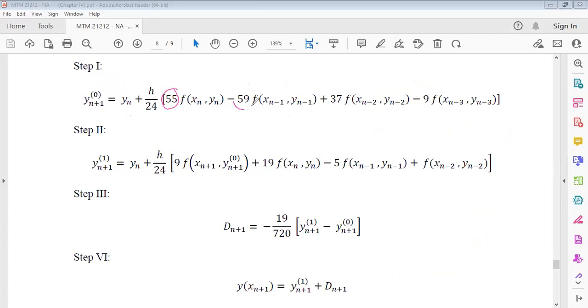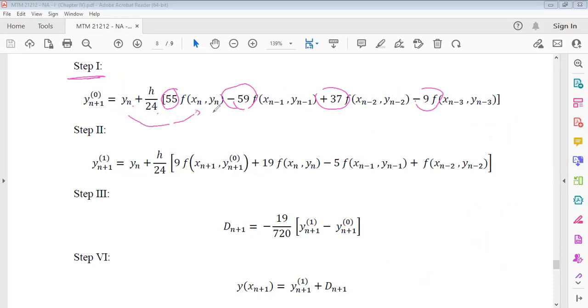Step 1 is to find the yn plus 1 node value, which is equal to yn plus h by 24 times 55, the function value of this one.